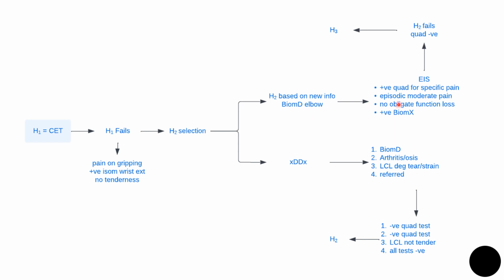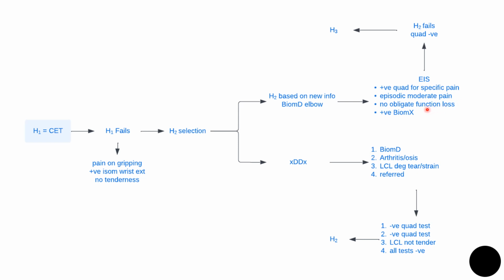Now, what we're seeing in the essential illness script is that the quadrant will be positive in a specific pattern. I'm not going to worry about what it is at the moment, but it will be different from the arthritic pattern of the quadrant. They would have a history of episodic moderate pain, there'll be no obligate functional loss, and the biomechanical exam will be positive.